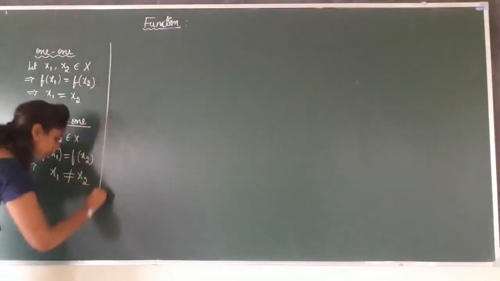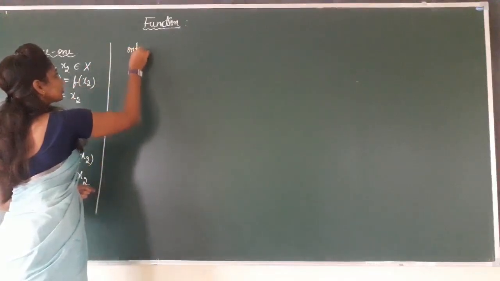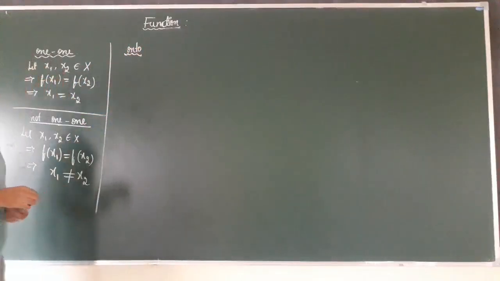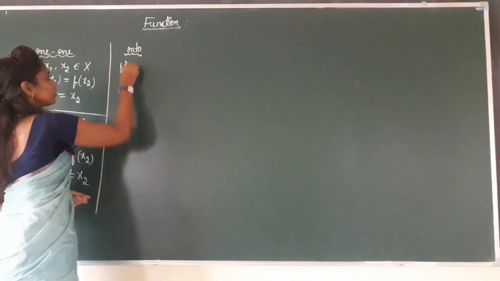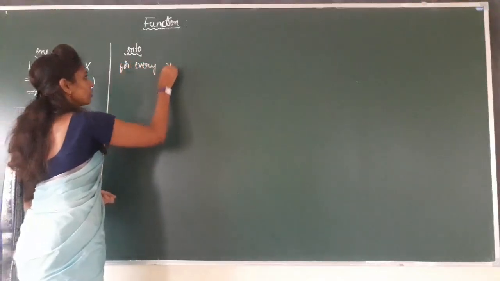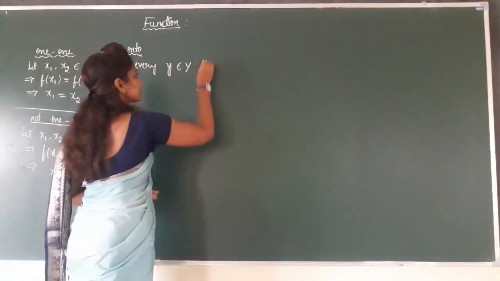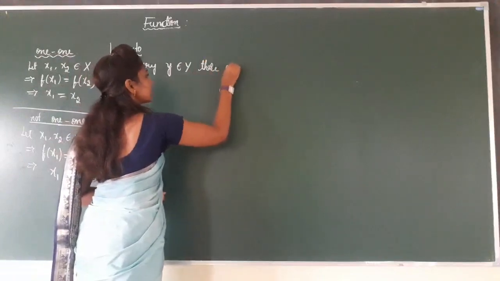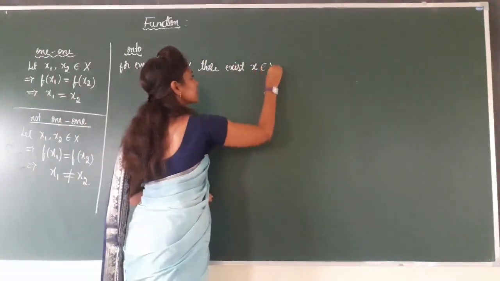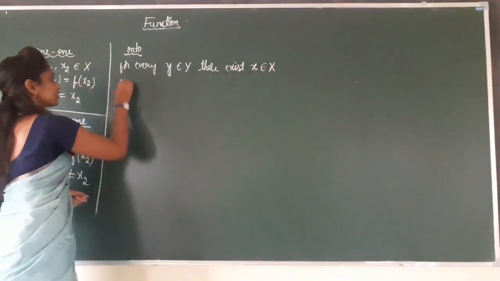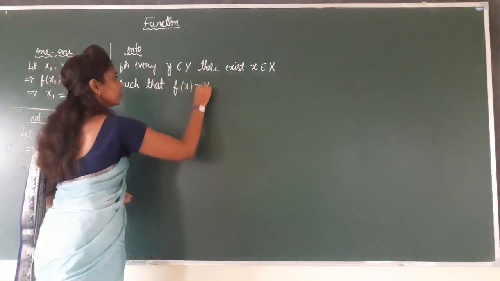Okay, now move to the onto function. For onto, for every small letter y belongs to the set Y, there exists an element small letter x belongs to X such that f of x is equal to y.